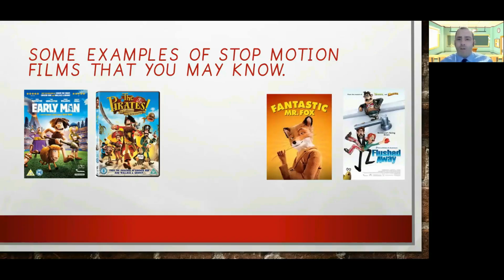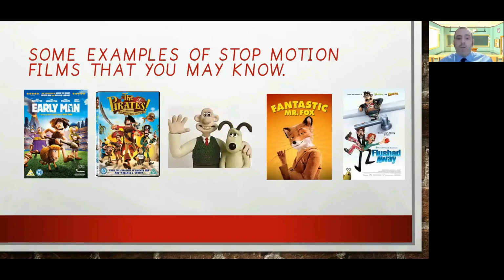Early Man, Flushed Away, and The Pirates are all done with what's called claymation, so it's animated clay models that they're making move. Fantastic Mr. Fox was done slightly differently. It wasn't clay, it was done with a bigger skeleton underneath with fur and clothing. And of course, you've got the originals. You've got Wallace and Gromit, who started this all off. And this was some of the ideas that I had, and I've enjoyed rewatching some of the Wallace and Gromit films to get some ideas of what we might be able to achieve.